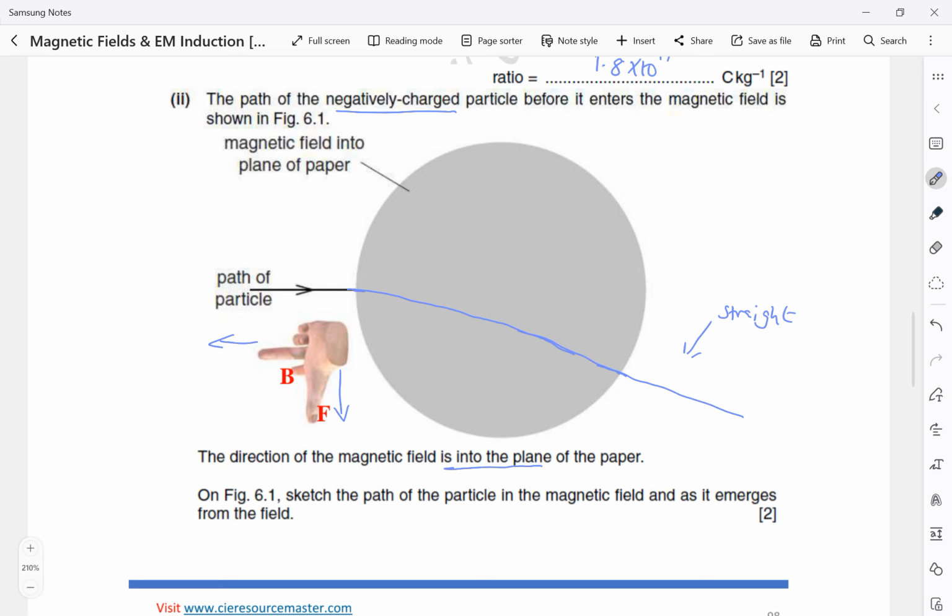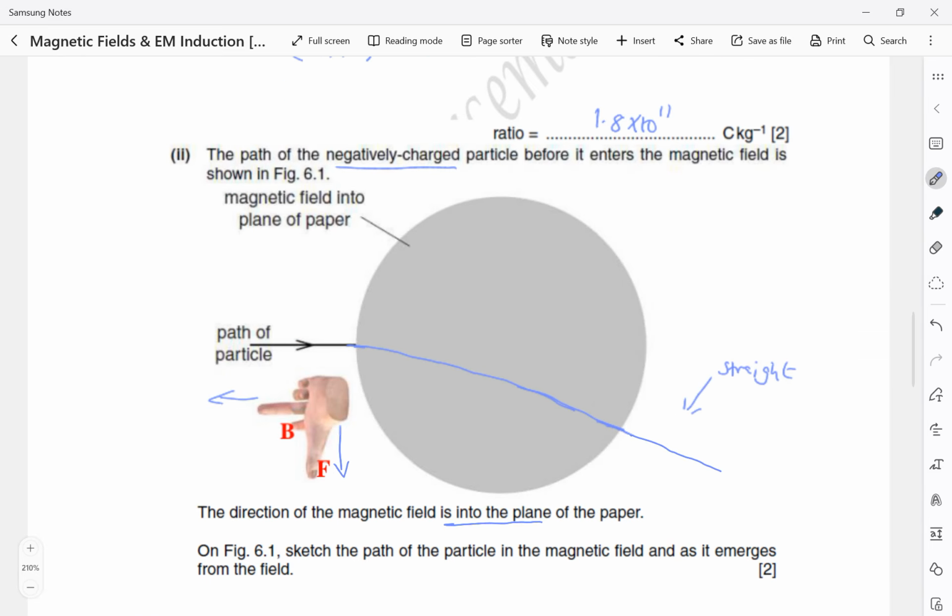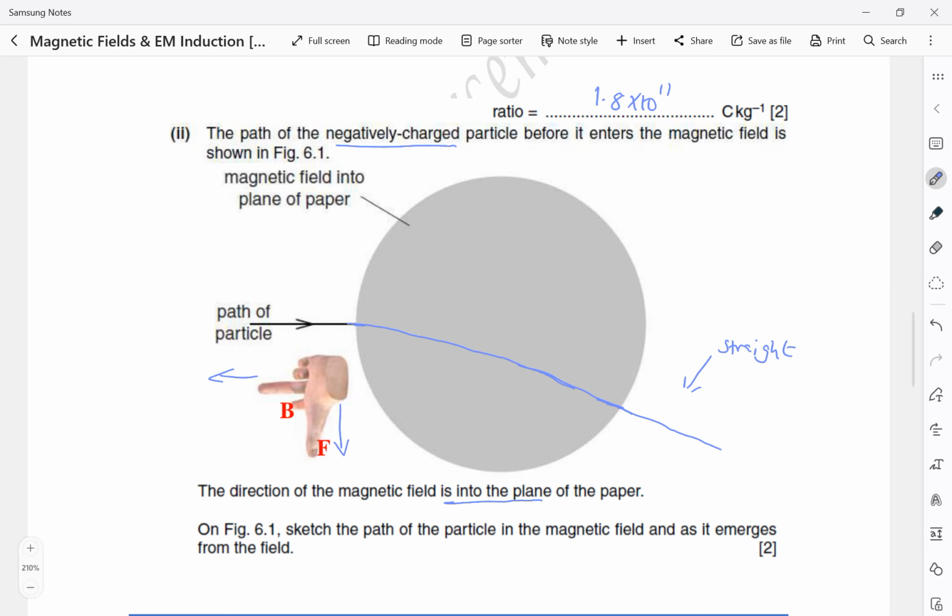So use a ruler and draw a straight line, not bending. The path should be towards the bottom of the page. Do not be tempted to draw a straight line, it is actually a curve.